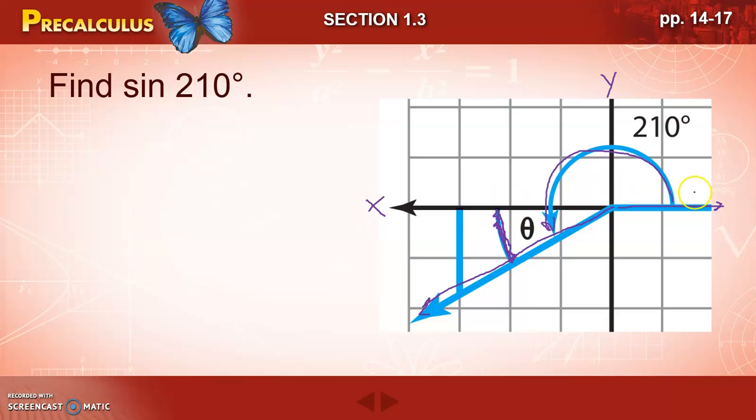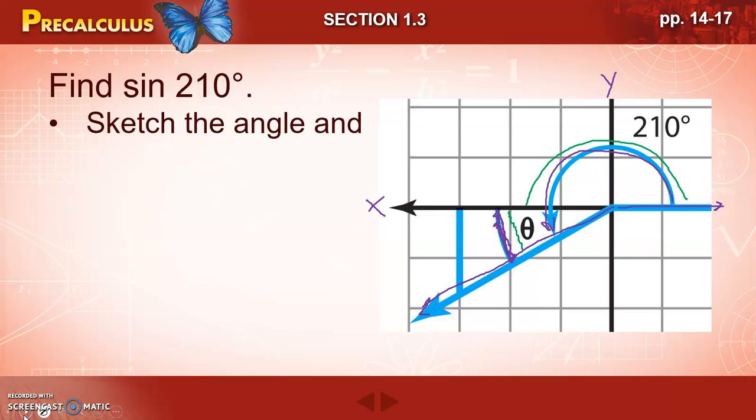And because we know that this right here is 180 degrees, we're able to figure out how much this reference angle is right here. So we're going to use that information to help us find the sine of 210 degrees.